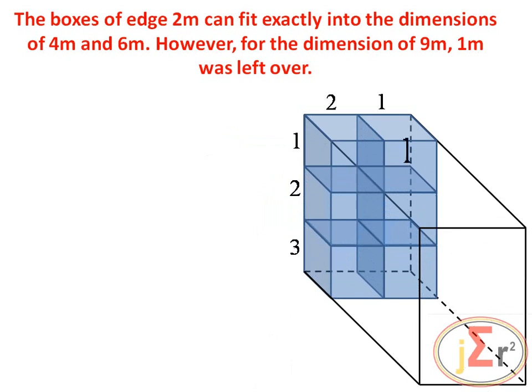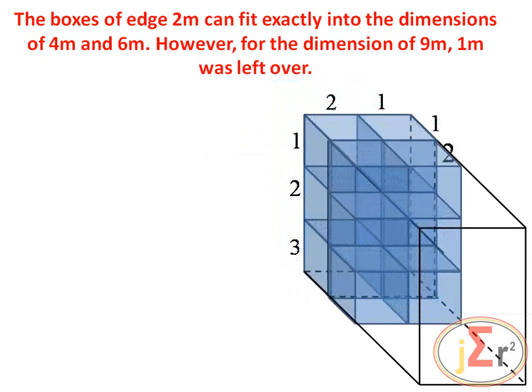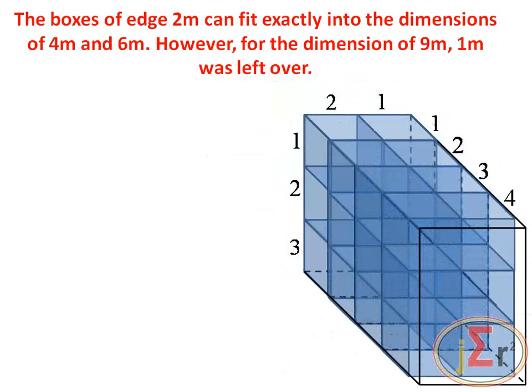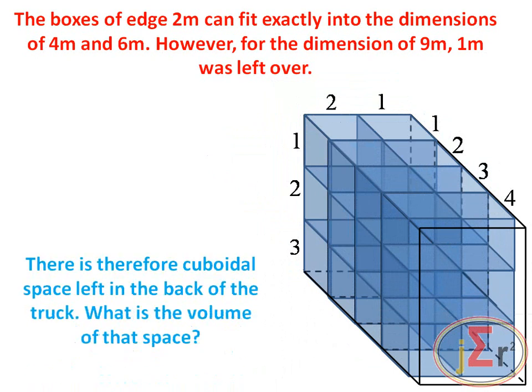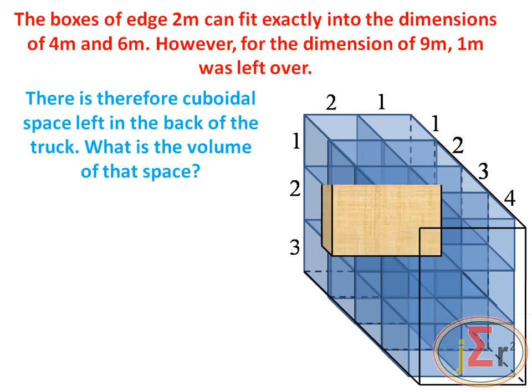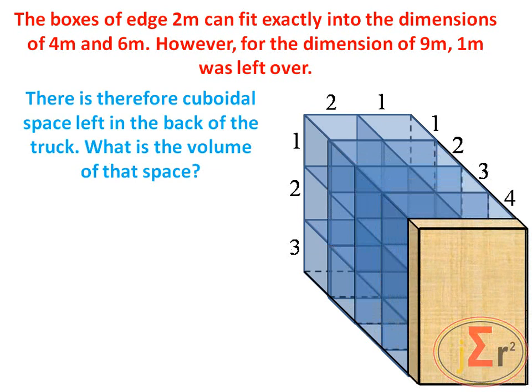For the dimensions of 4 and 6, they fit exactly, but for the dimension of 9, 1 meter is left over. There is therefore cuboidal space left in the back of the truck. What is the volume of that space?